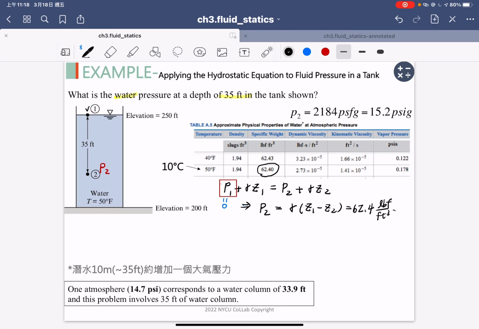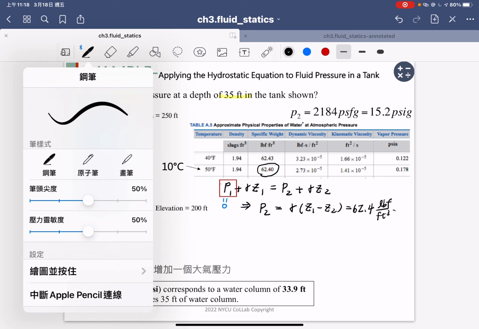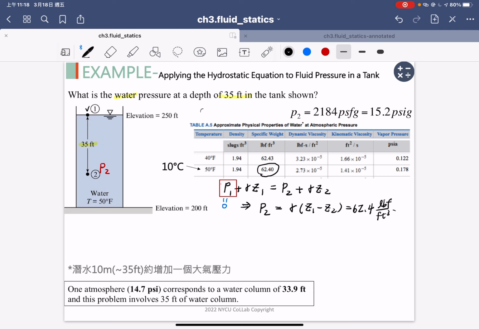And the change in depth is Z1 minus Z2. We already know the number shown here is 35 ft.